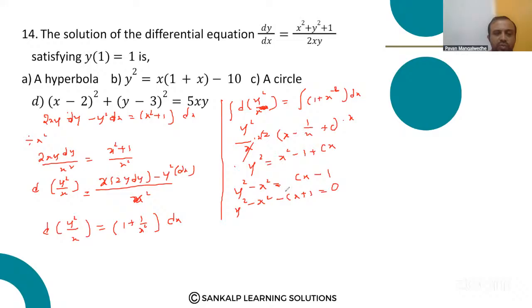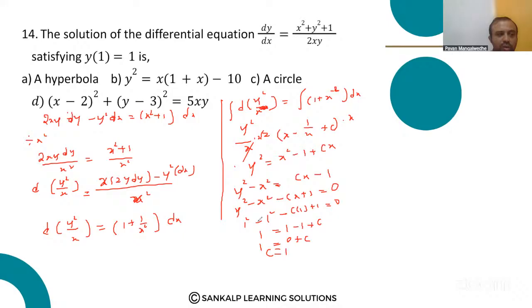Now y of 1 is 1, that is x equals 1, y equals 1. Substituting, 1 square minus c into 1 plus 1 equals 0, so 1 minus 1 is 0, plus c is equal to 1. So c is equal to 1.